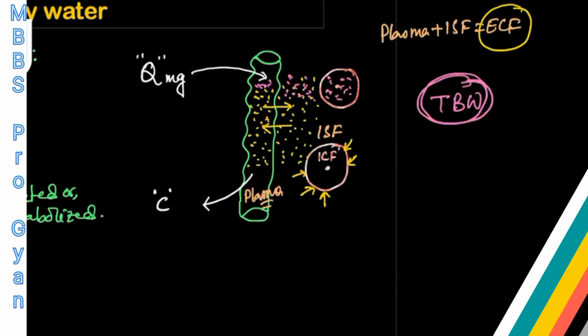Getting my point? So if you want to measure the total body water, you have to choose a substance which is freely permeable to capillary also, freely permeable to cell membrane also. Then and only then it will be distributed at the level of plasma, interstitial fluid, as well as intracellular fluid, and then only you will be able to measure the total body water.